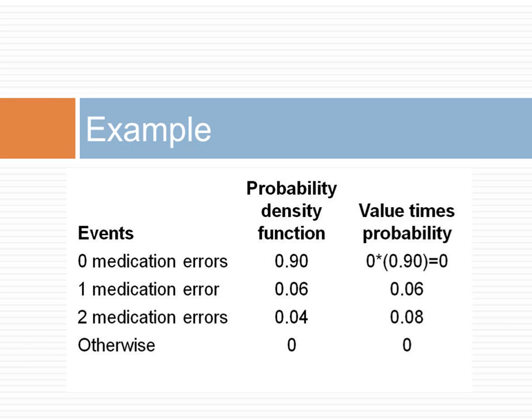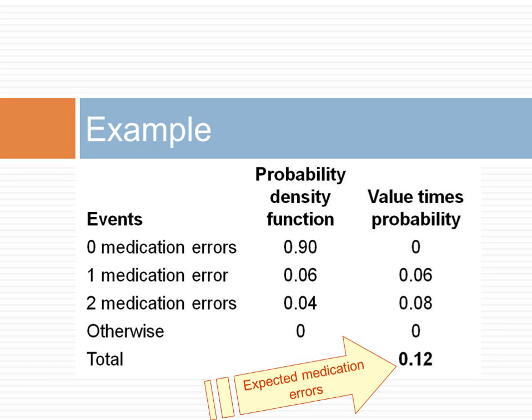In the second row, 6% is multiplied by 1 to obtain 0.06, and 4% is multiplied by 2 to obtain 0.08. The expected medication error is the sum of the products of the event value and its probability. In this example, we expect 0.12 medication errors.